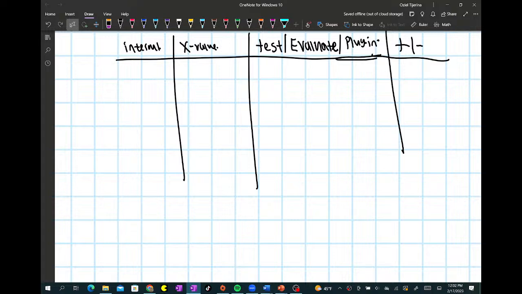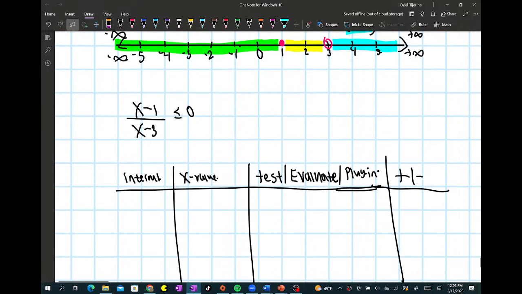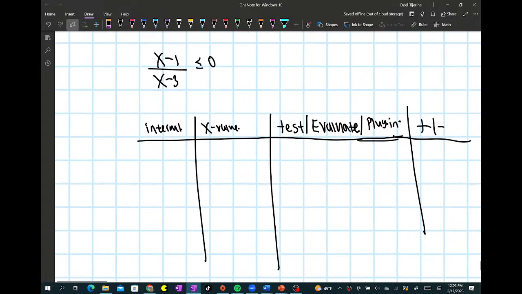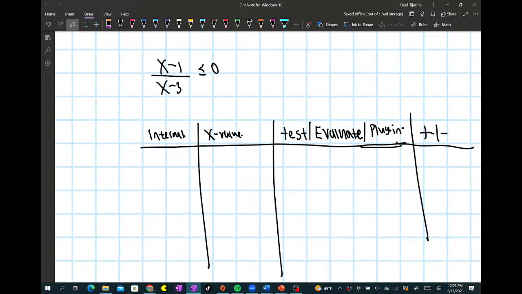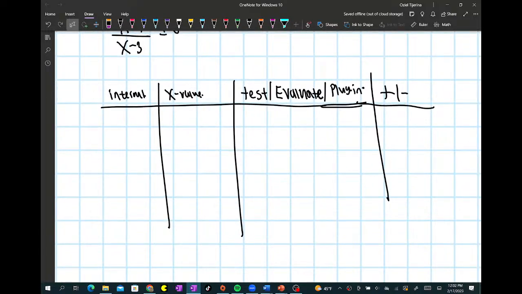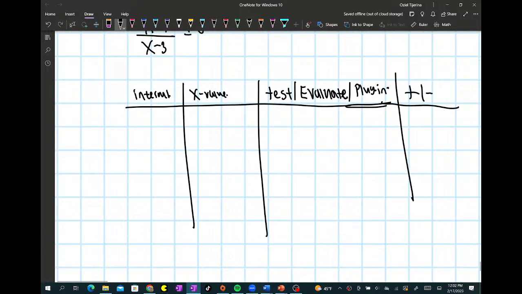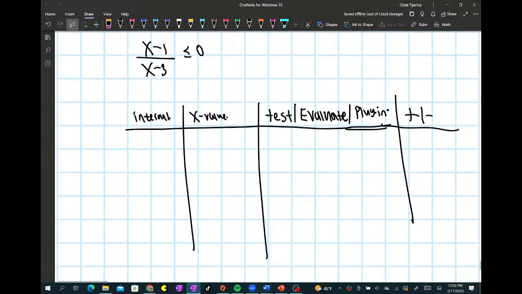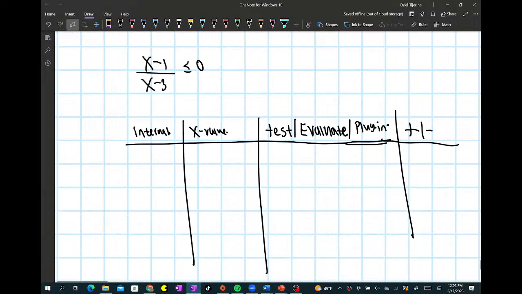And then once I'm finished with this, I say, well, where is it going to be negative, depending on what my inequality would be, right? So here, like I said, there's from negative infinity to 1. So parentheses negative infinity to 1, and then close bracket.